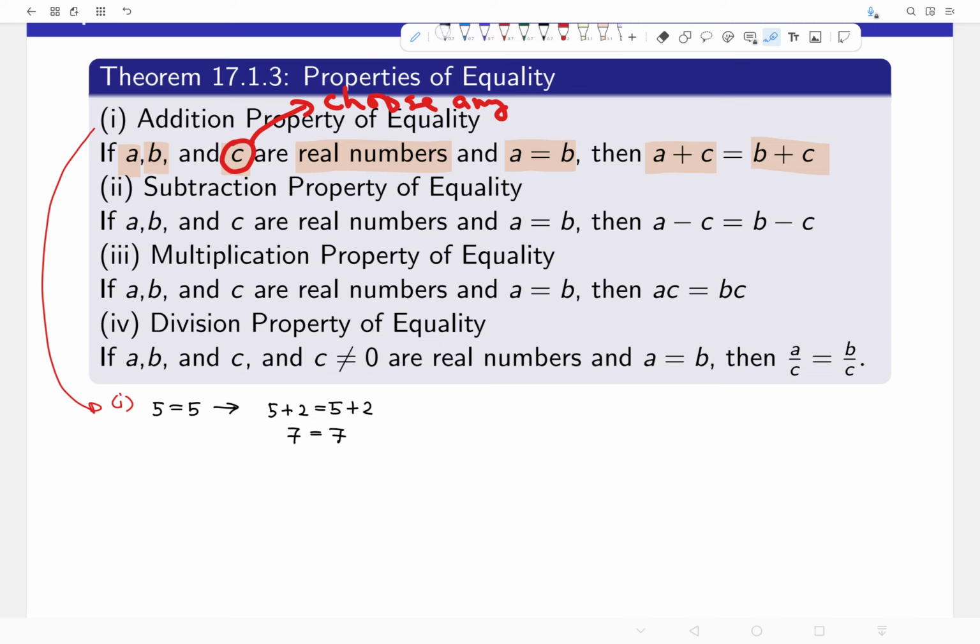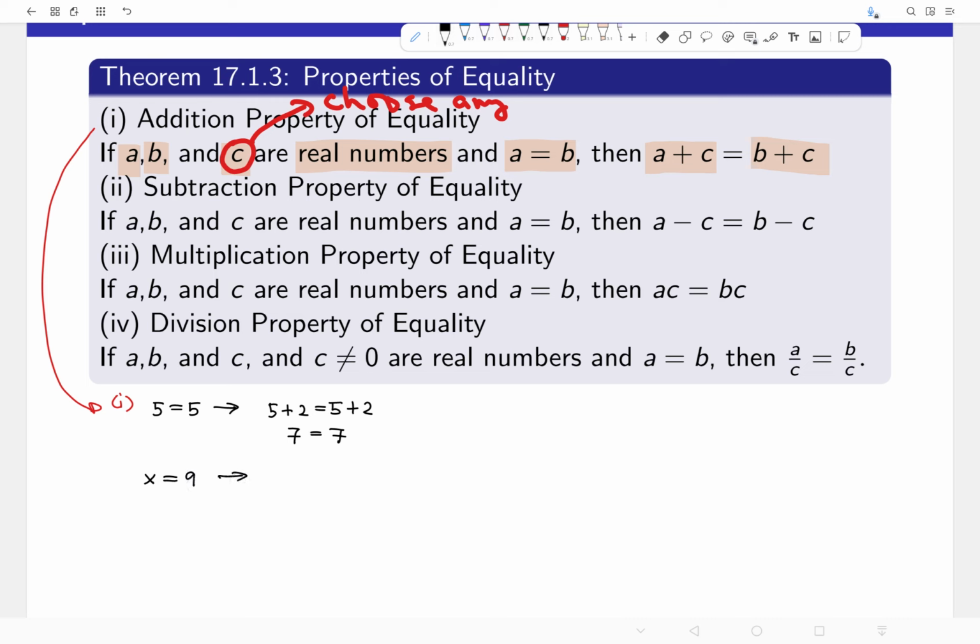Another example: let's say you have x which is equal to 9.